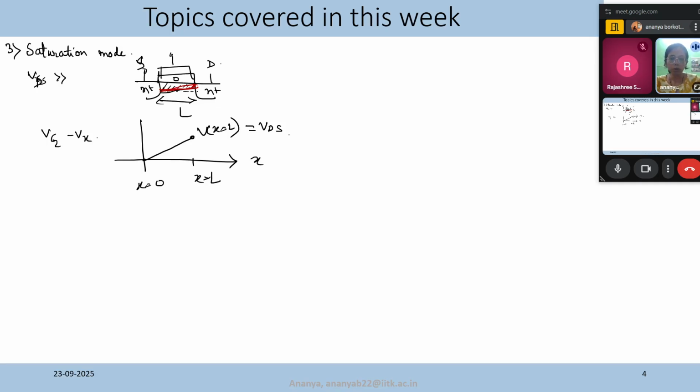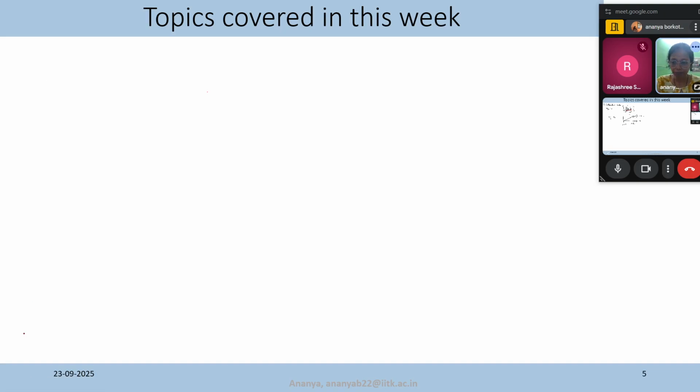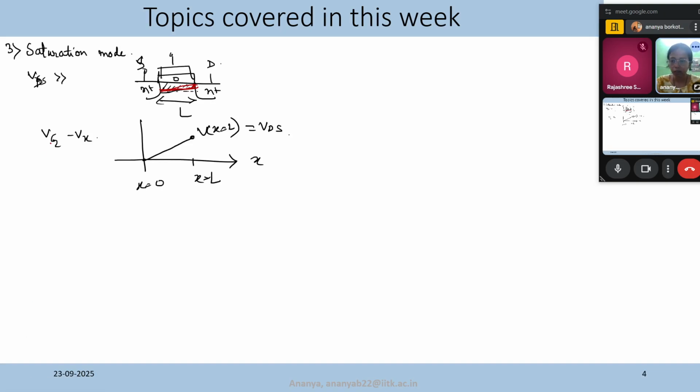Now at what point does it happen? It happens when VDS equals VGS minus VT. Beyond this point, my Q inversion, the charge density of the channel at the drain end, becomes 0.